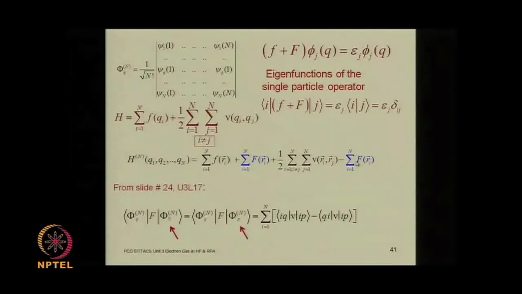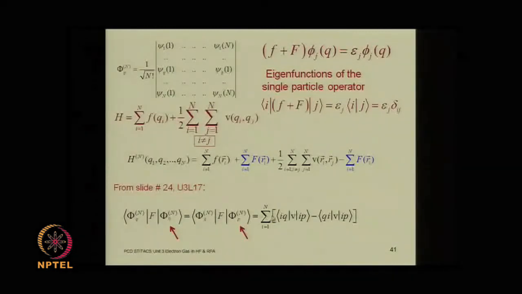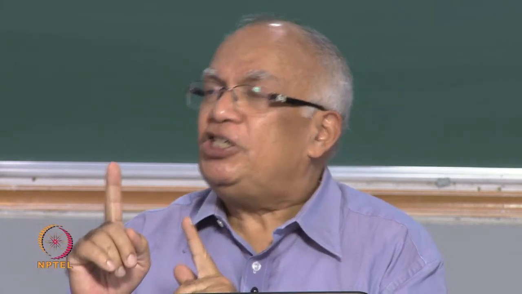Now, you will also remember that in the previous class we had shown that F was chosen to get the self consistent field variational functional minimum, such that its matrix element in the state Q and P, P is the ground state, Q is the excited state with just one orbital occupation changed.